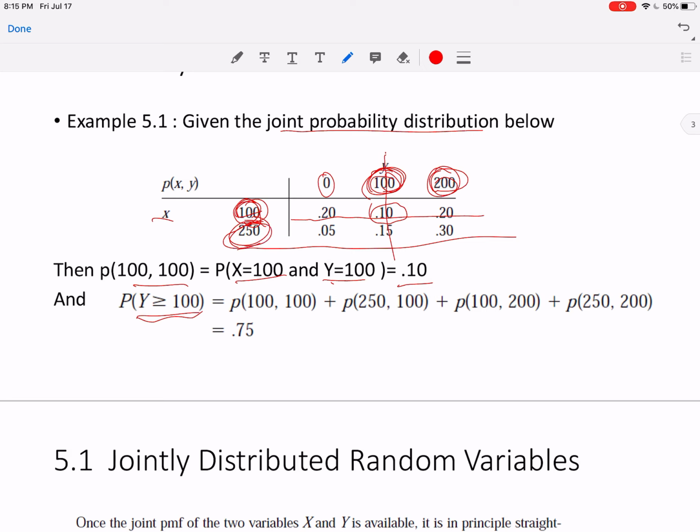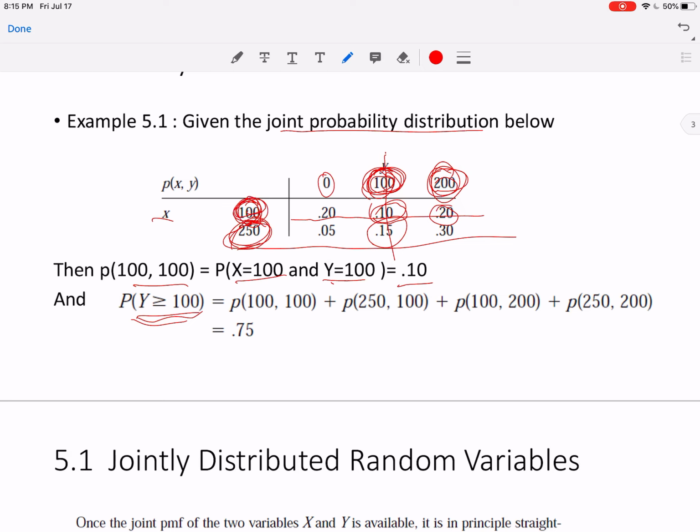So in other words, if we are looking for the probability y is greater than or equal to 100, we are looking for this outer pair 100, 100, which is 0.1, and 250, 100. The probability of this outer pair is 0.15, and then 100, 200.